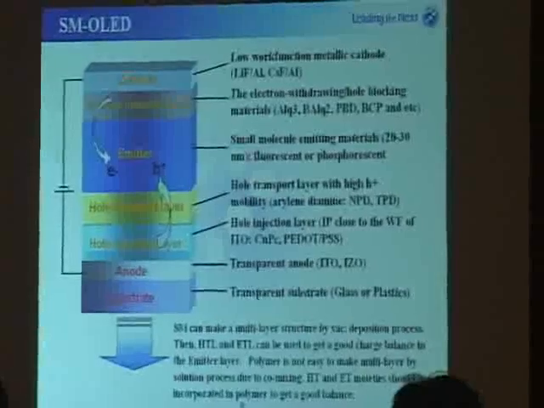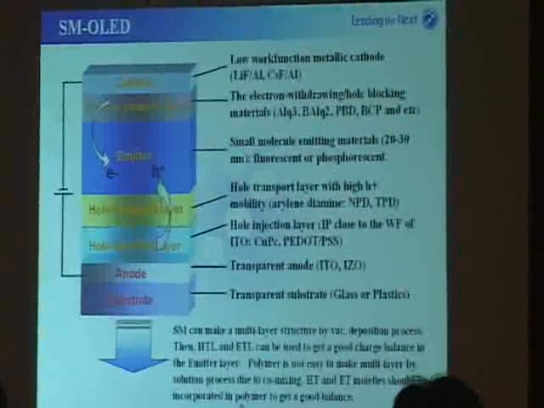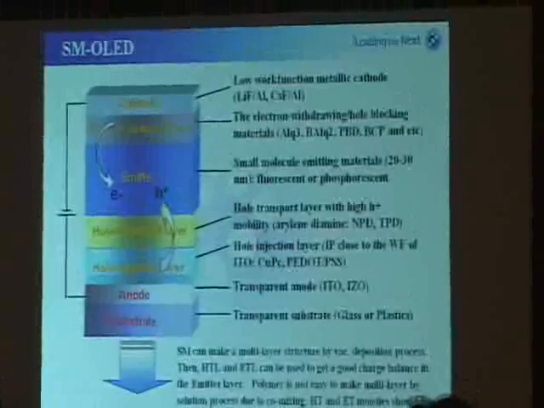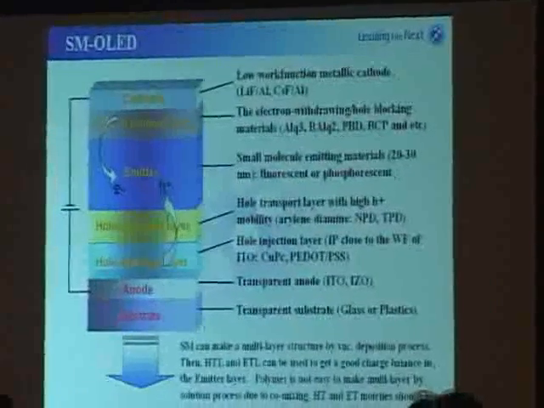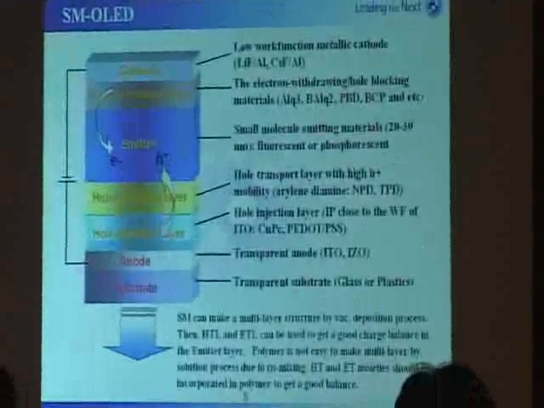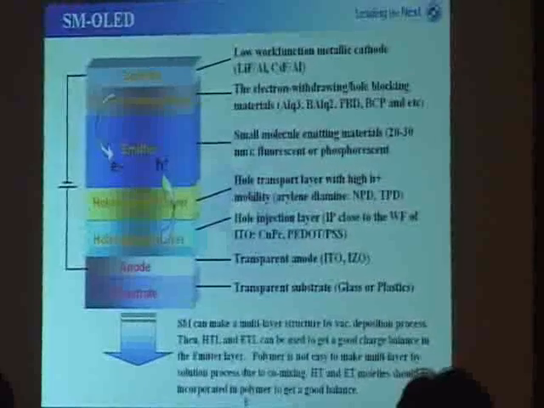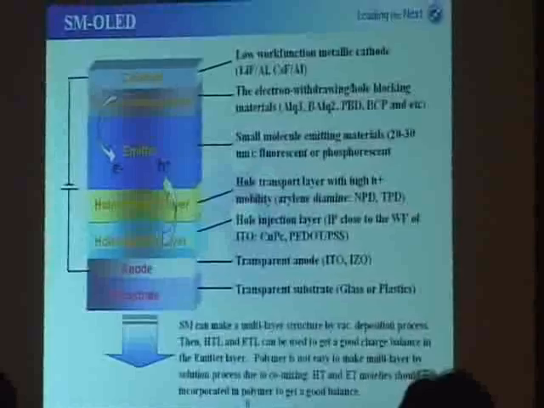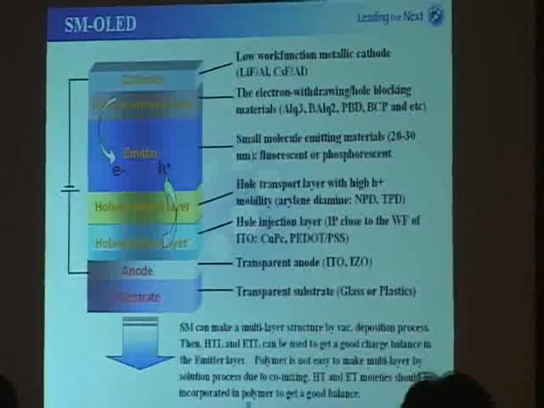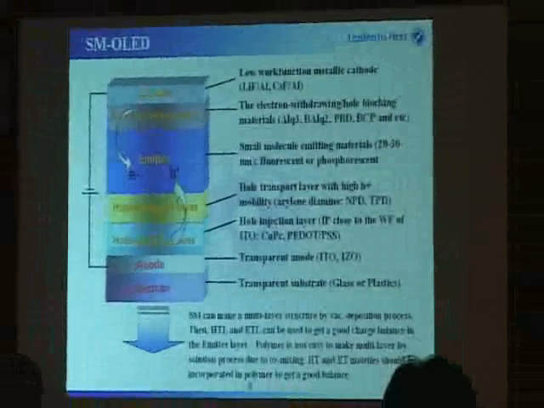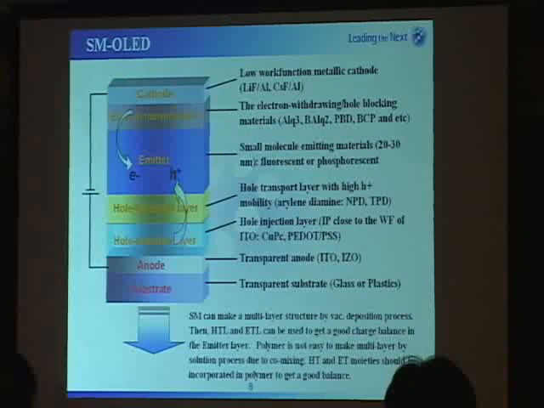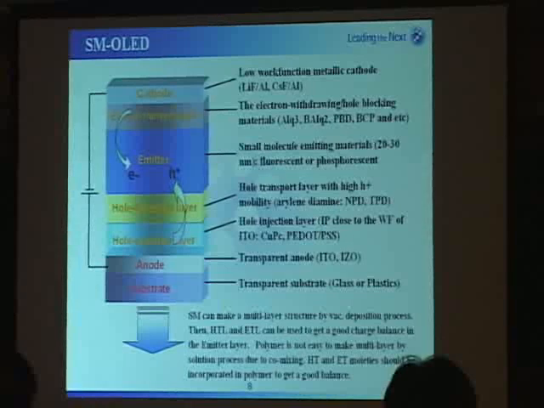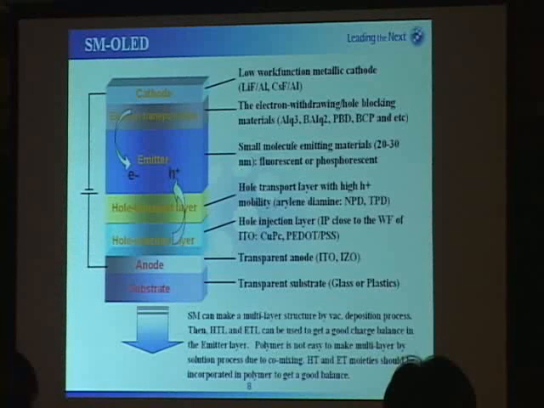Next. Now this is a small molecule OLED. As shown in these pictures, there are many layers on the substrate: anode, hole injection layer, hole transport layer, emitting layer, electron transport layer, and cathode. Small molecules can make a multi-layer structure by vacuum deposition techniques.